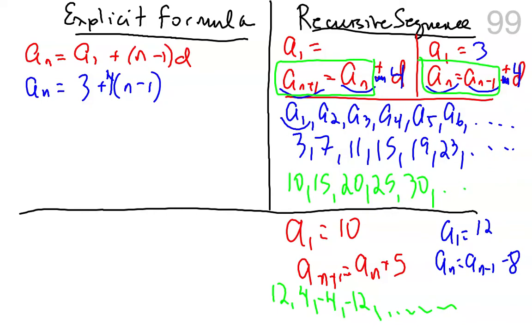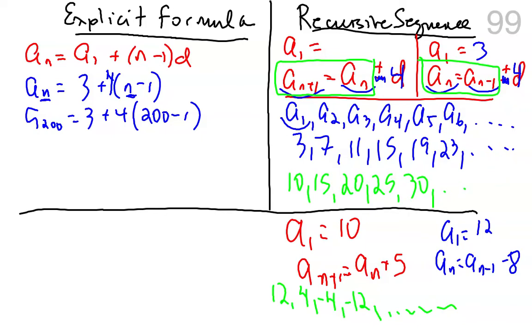The problem with a recursive formula, could you imagine if I said what's the 200th term? You just keep writing and writing forever and ever. So the explicit formula is wonderful when I want to know a specific term. A sub 200 is 3 plus 4 times 200 minus 1. These ends match, guys. Okay? And then I just do the calculation. That's the great thing about the explicit formula.